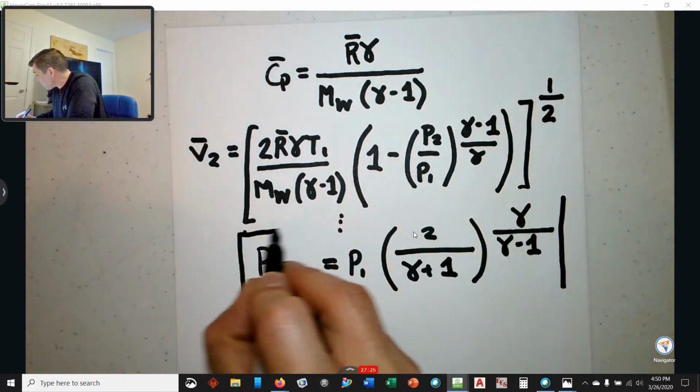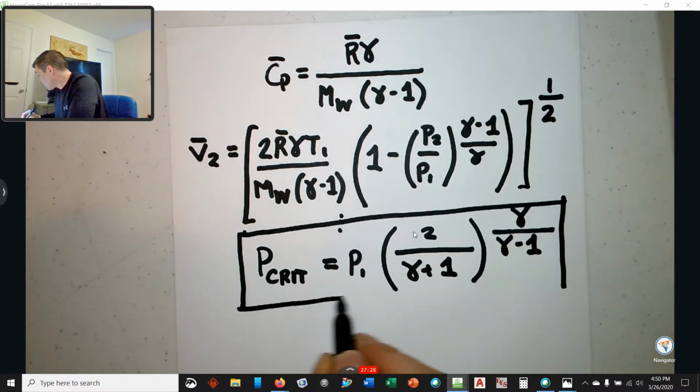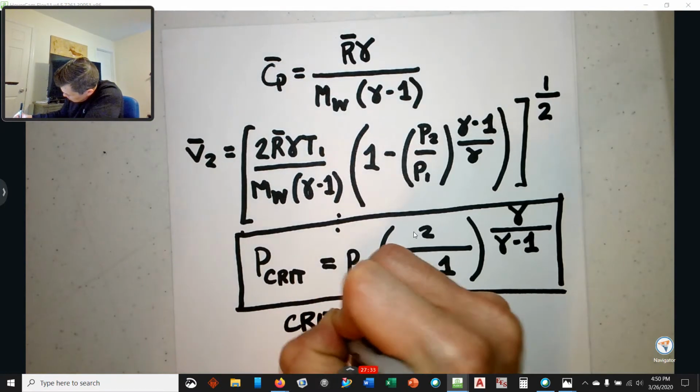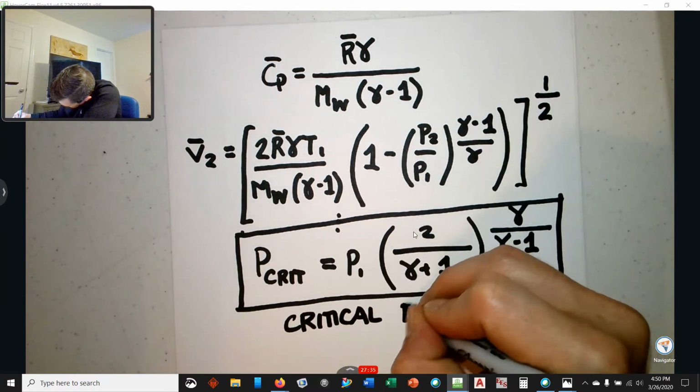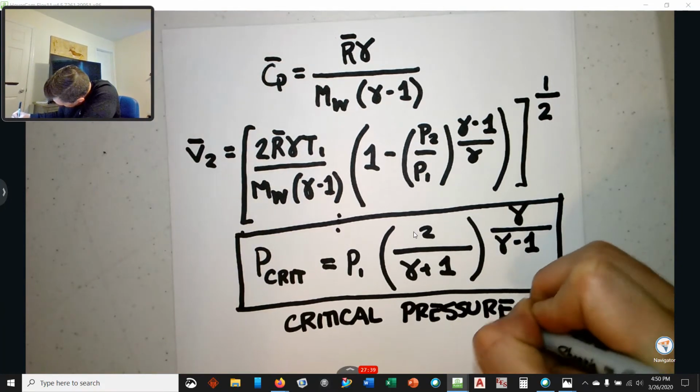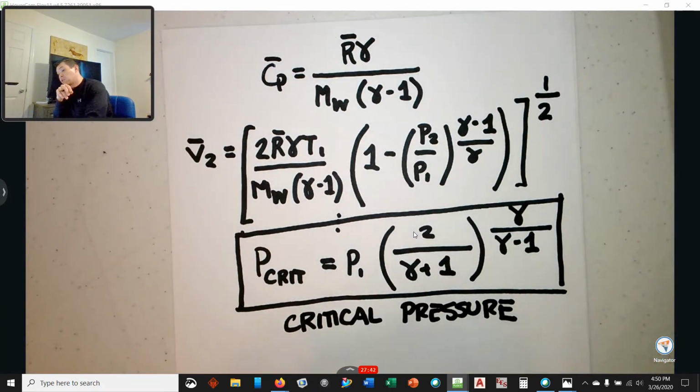This is the pressure at which we get no additional mass flow rate through the throat of the nozzle.